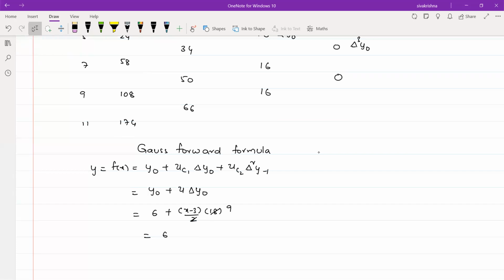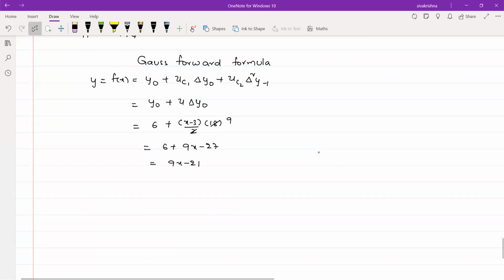So we get 6 plus 9 into x, which is 9x minus 27. So this is equal to 9x minus 21. This is the required polynomial. Therefore y is equal to 9x minus 21 is the required polynomial by using the Gauss forward formula. In this way we can find the polynomial corresponding to the given table by using the Gauss forward formula.